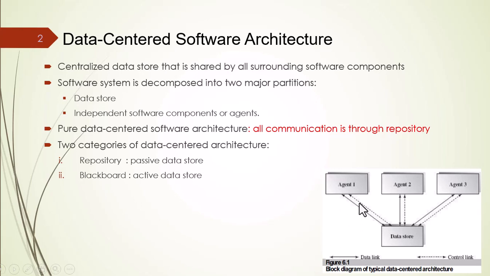You can see this figure. There is a data store and we have agents. Agents consist of different software components. Mostly each agent contains different components from other agents. Here, sometimes we talk about components and sometimes about modules, so I am explaining it.